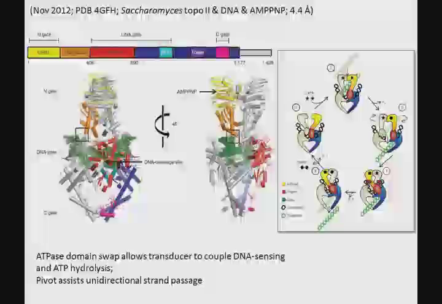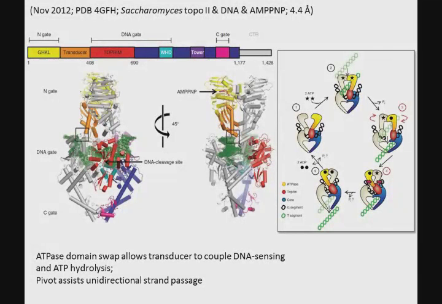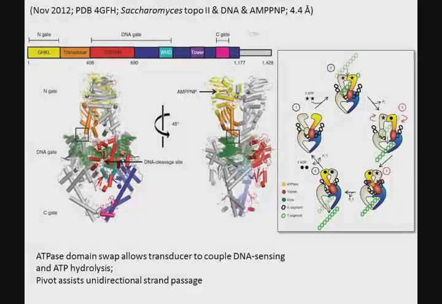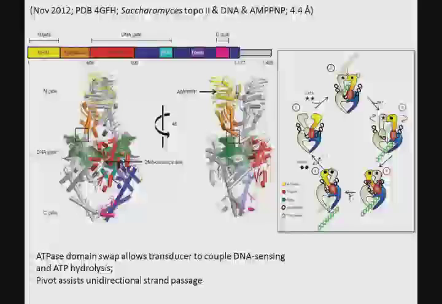If you didn't twist the top of the enzyme, this cavity would still exist and the DNA could diffuse back up. So it's the domain swap like that that allows the reaction to occur in a unidirectional fashion. So here's a video of that.